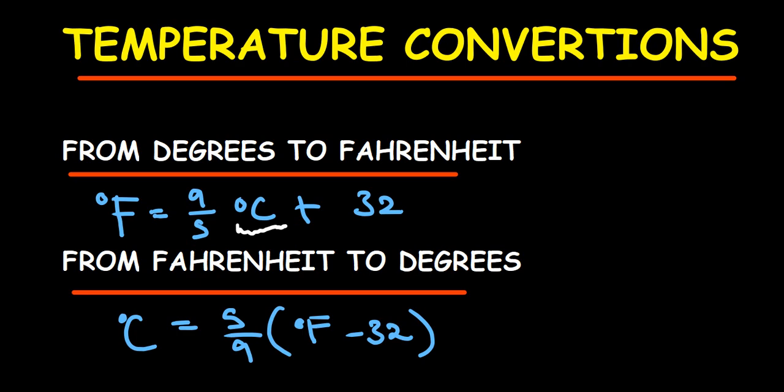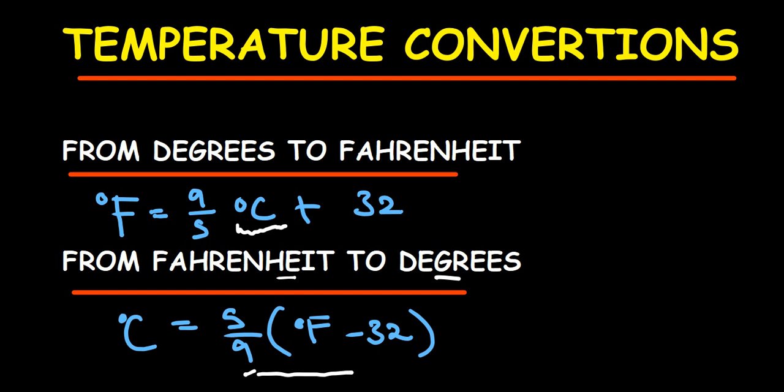When you're converting from Fahrenheit to degrees, you have the reciprocal of this, which is 5/9, and in the brackets you have the temperature in Fahrenheit minus 32.